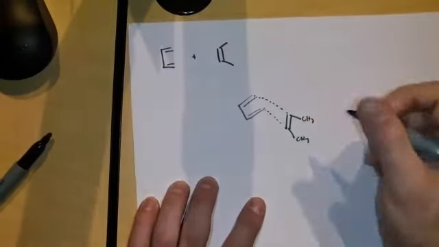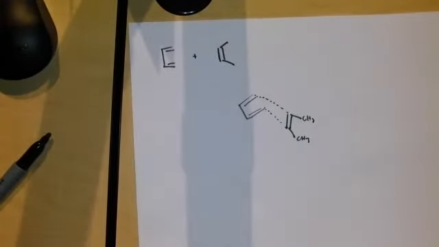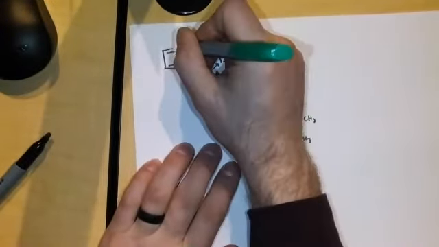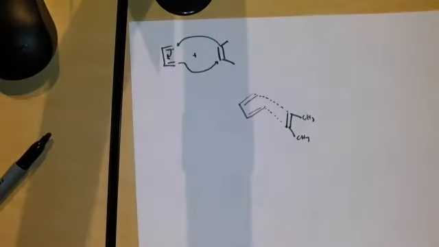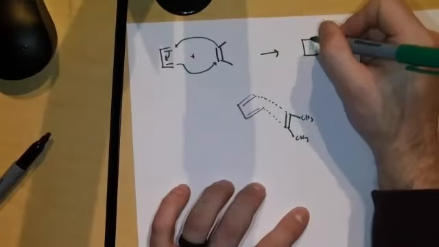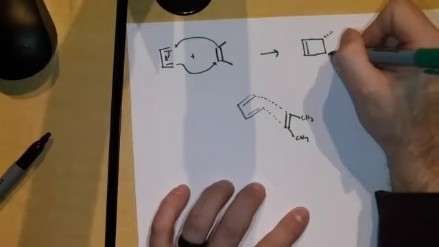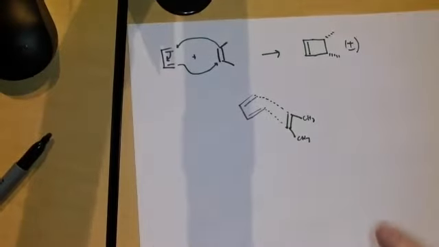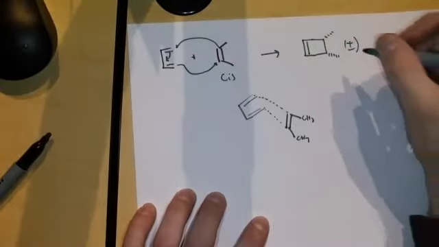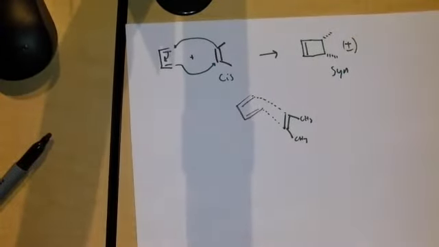So it's going to do whatever it can to point them downward. When this happens, they're also going to stay in the same position relative to each other. So this is going to give us this product here where these are both on dashes. And when we started with a cis double bond, we ended with syn, which makes sense.